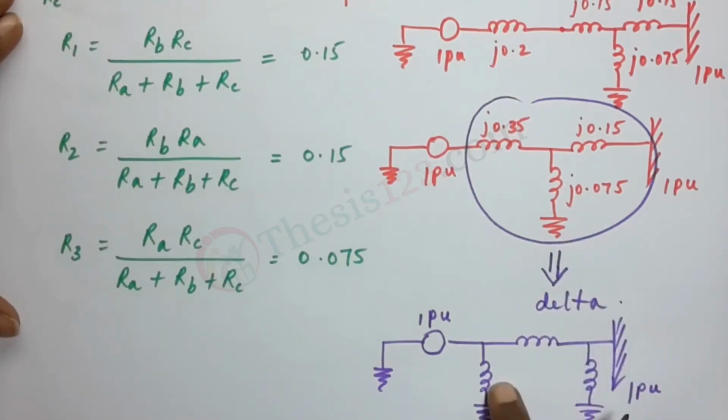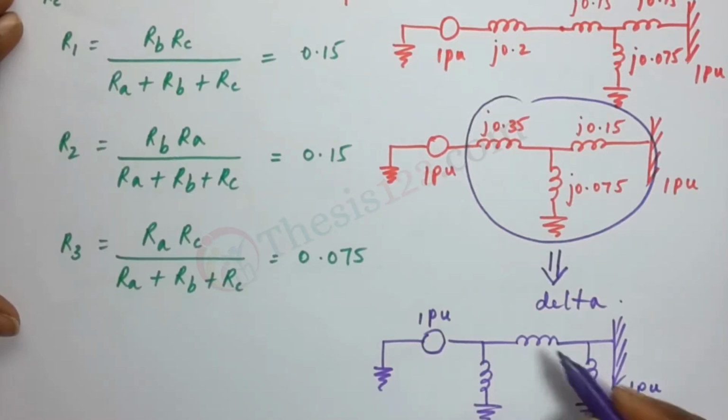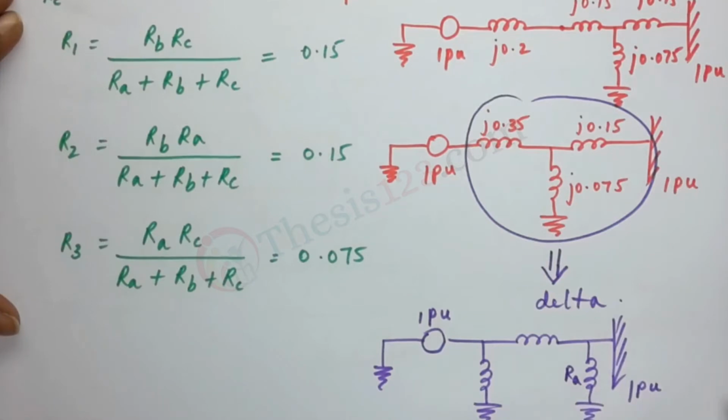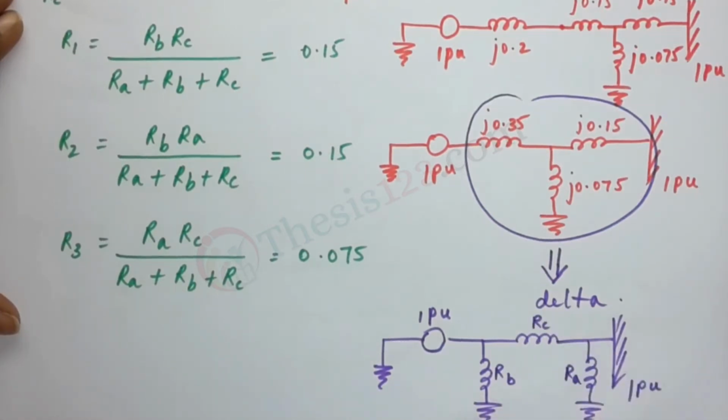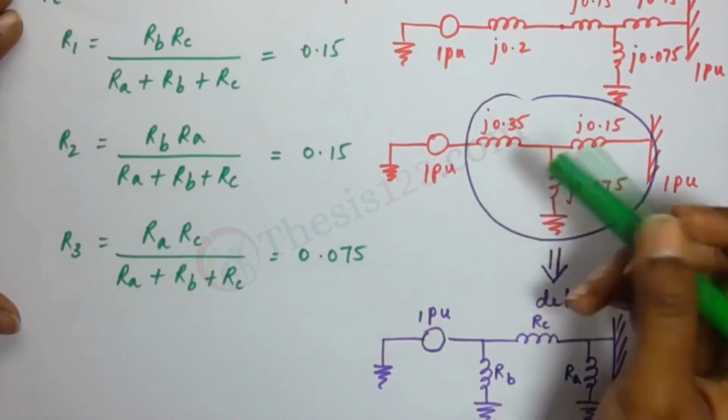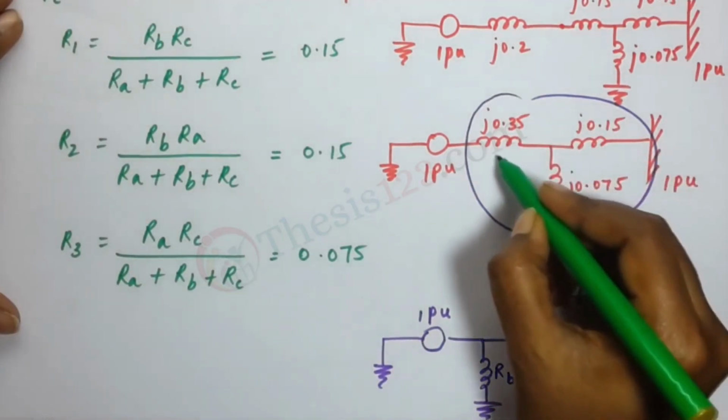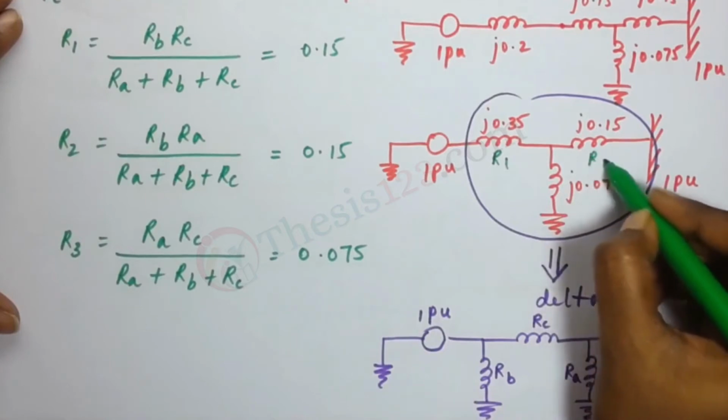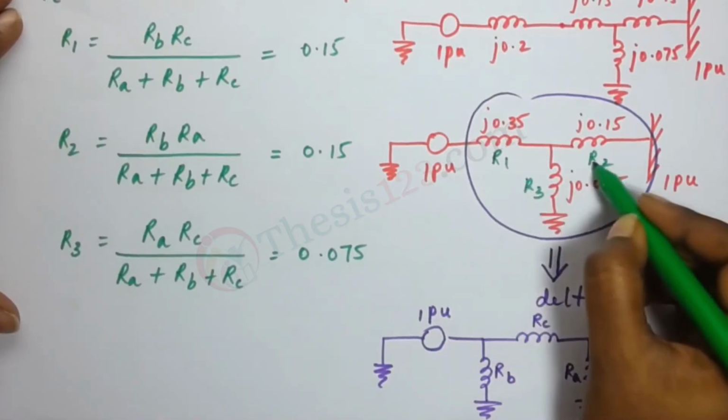Alright, so we need the values of these 3 impedances. Let's call this RA, this RB, and this RC, and the values of the above circuit as R1, R2, and R3.